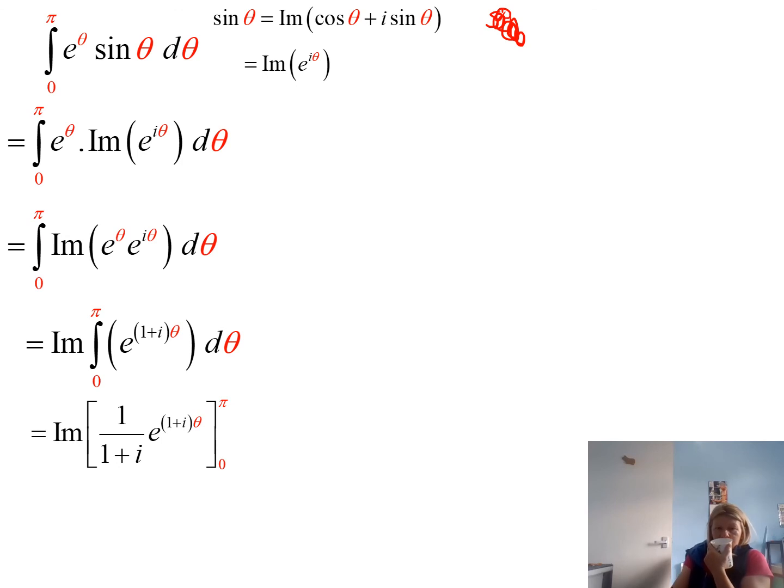Next step, it doesn't actually write it, but I'm going to write it. We can write that as e to the 1, e to theta, e to the 1, I'm not expanding this, over 1 plus i, e to the i theta.